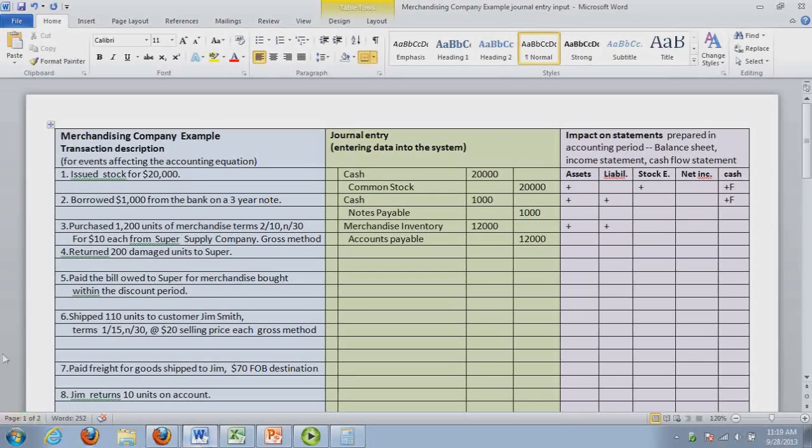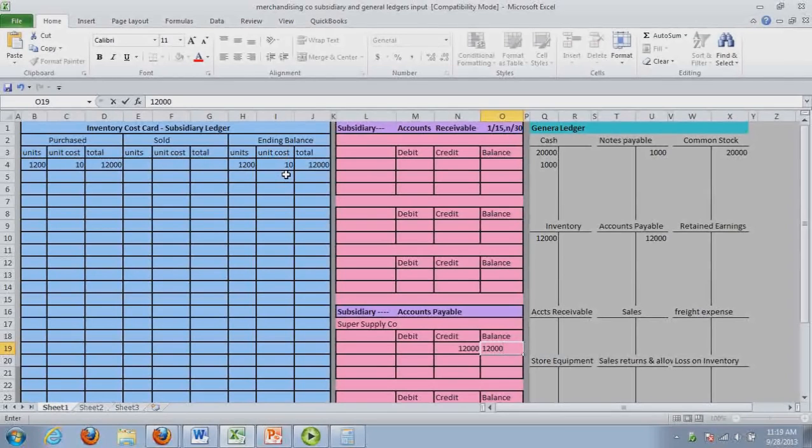Next, we return goods. Of course, occasionally it's send the wrong goods, they're damaged or whatever. This one we have damaged goods. So it makes sense that if you're returning merchandise, it's going to be just the opposite, but you're actually going to flip the entry. So I need to reduce what I owe, and I need to reduce the inventory since I'm sending it back. We would normally look at the subsidiary ledger, though right now it's not too difficult to figure out.